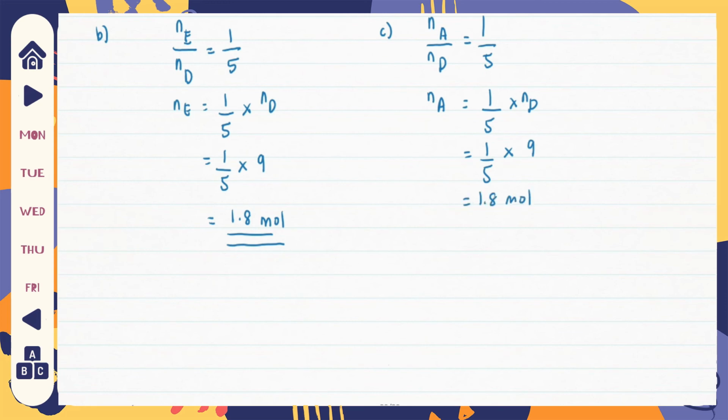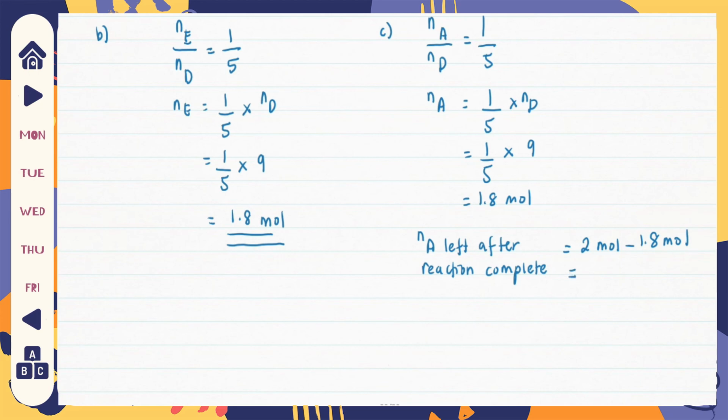Given to us, mole A is 2 mole. So mole A left after the reaction is complete is equal to, given to us, 2 mole A. The amount of A that will react is 1.8 mole.